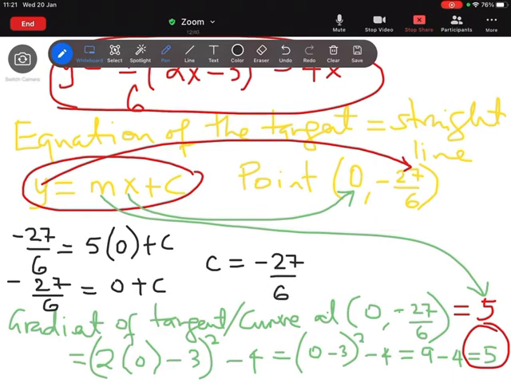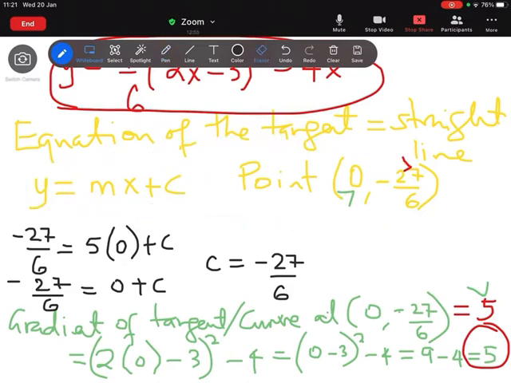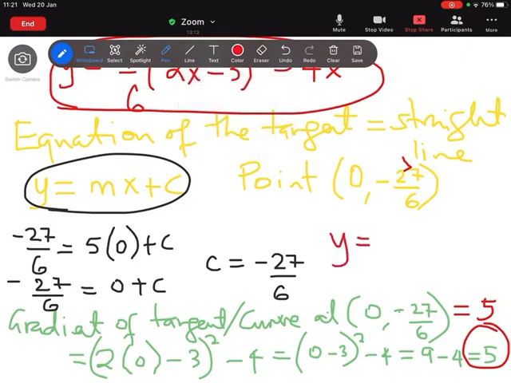I can therefore go ahead and find the equation of the tangent. Now that it should be in the format y equals mx plus c, I can write the equation of the tangent to be y equals 5x minus 27 over 6.